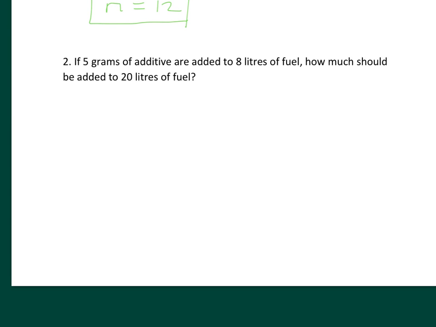This kind of question can be answered very easily using the same format for solving a proportion. The ratio we know is that 5 grams of additive goes with 8 liters of fuel.